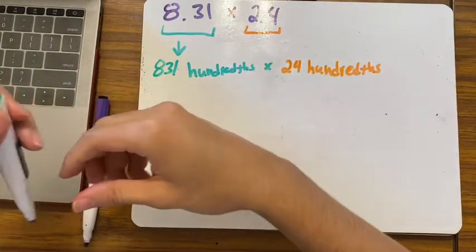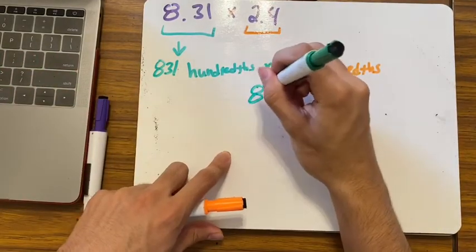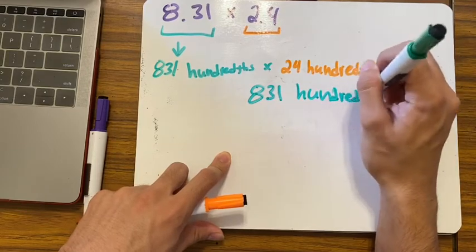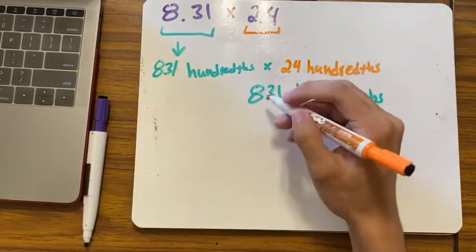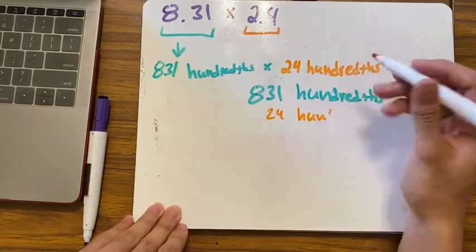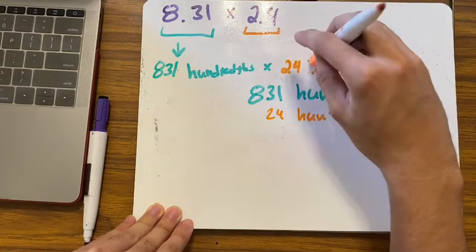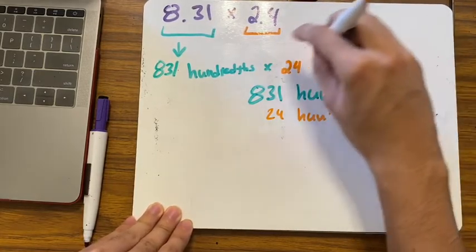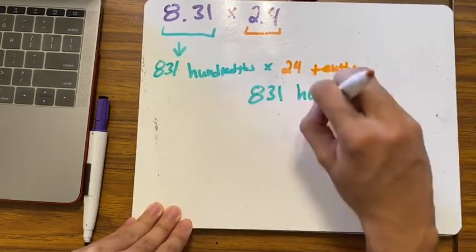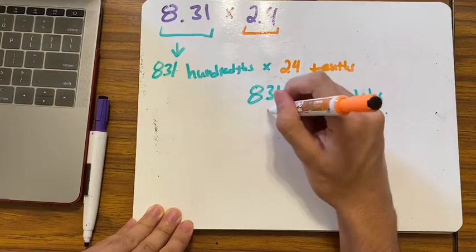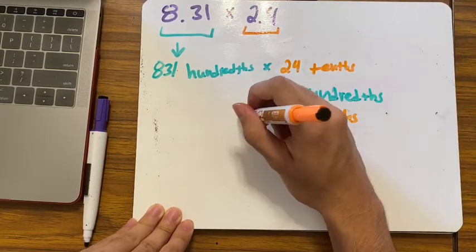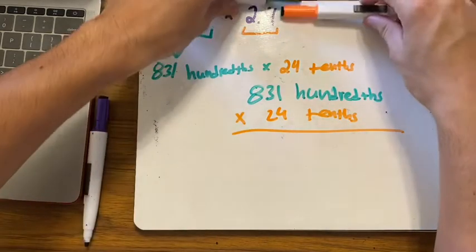So again, let's do that hamburger style. So I have 831 hundredths times 24 hundredths. Oh, I'm sorry, not 24 hundredths, 24 tenths, right? Here we go. I'm multiplying that.